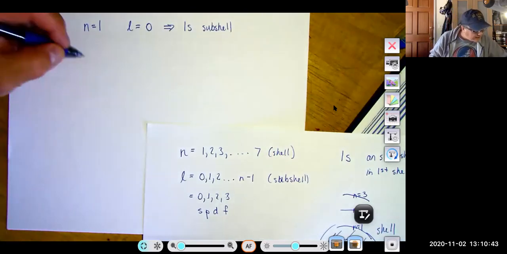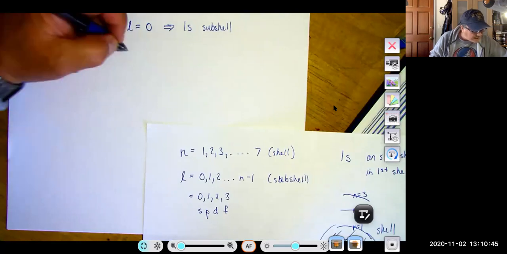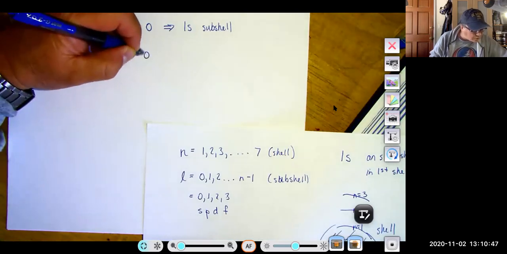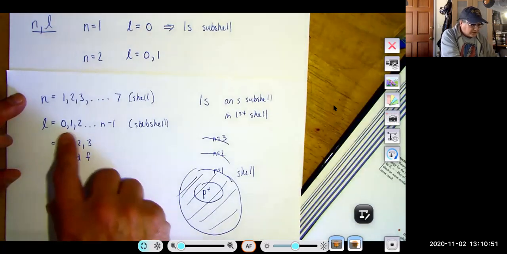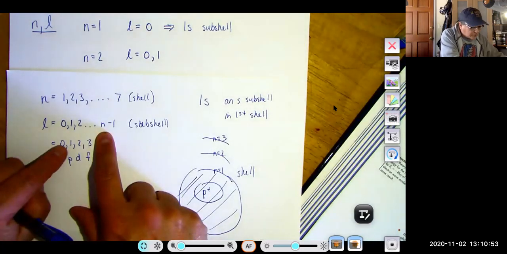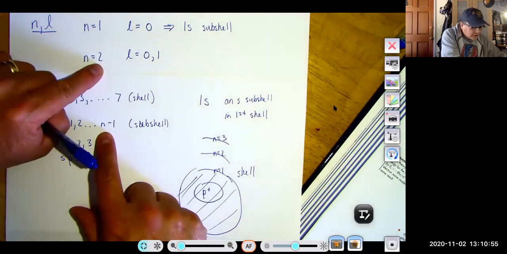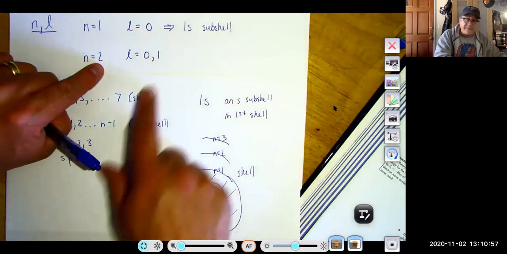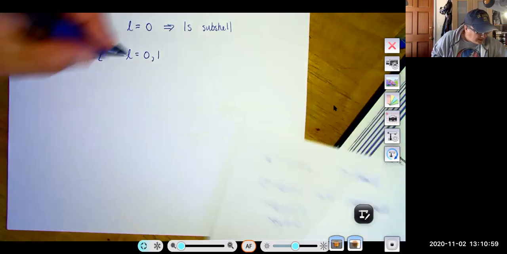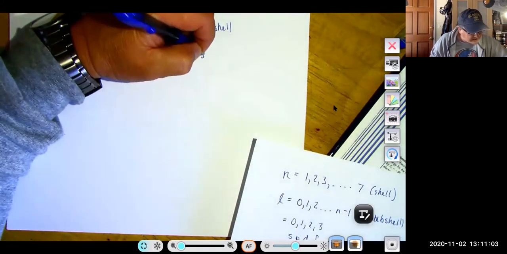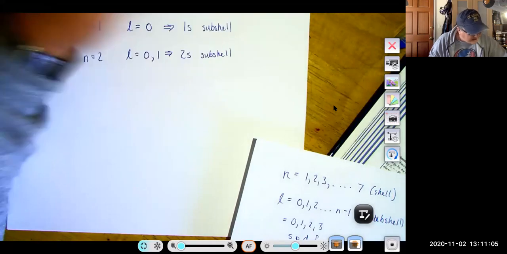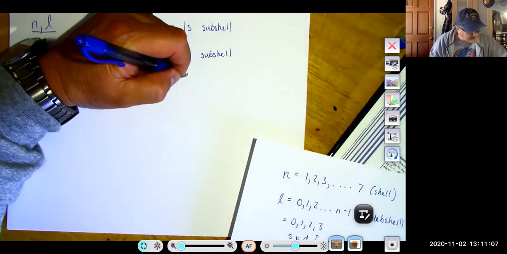Now let's look at N equal to 2. What can L be equal to? It can be 0 or 1. See, all the way up to N minus 1, which is 2 minus 1. 2 minus 1 is 1, so L can be 0 or 1. This is a 2s subshell and a 2p subshell.